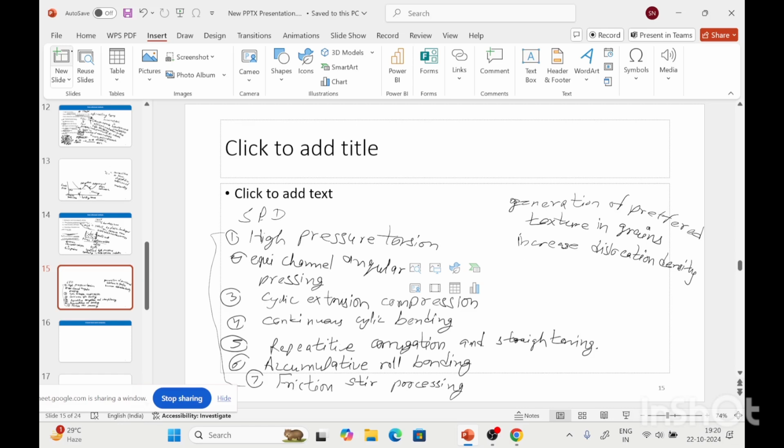The number of high angle grain boundaries will also increase. So all this leads to a fine grain structure.